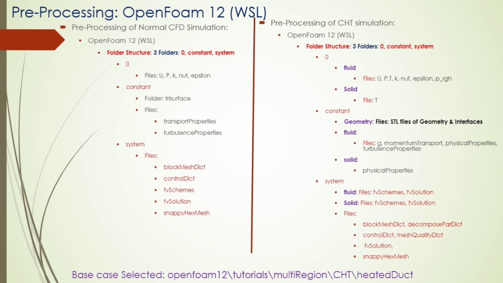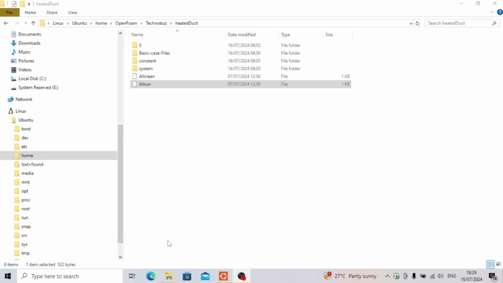Now for this simulation, I have selected the tutorial case heatedDuct to start the setup for CHT simulation of our case. So the link or the path of the tutorial is given here under. Now let's start with the manual method.